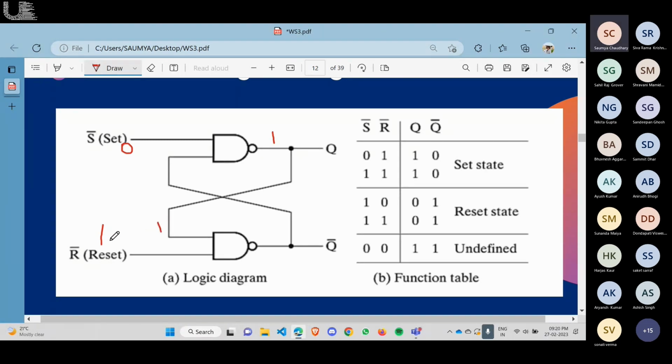And we have 1 and 1. So here we are getting 1 in that state.